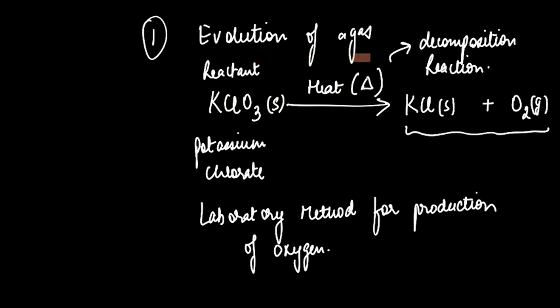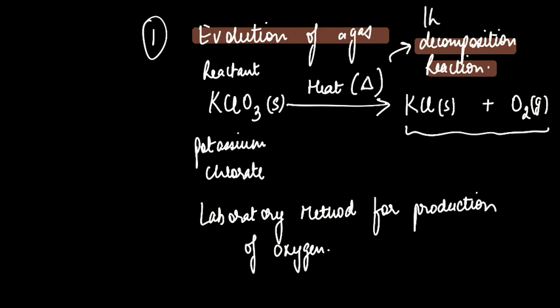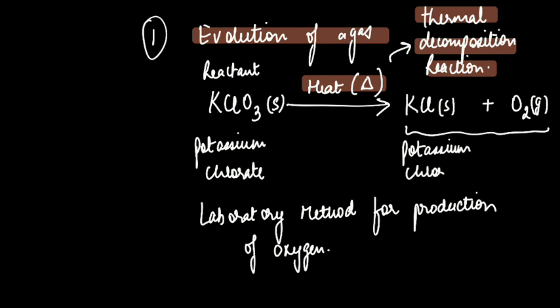So this reaction can be used as an example for evolution of a gas, for decomposition reaction, and to be more precise, this is a thermal decomposition reaction because we have written heat over here, so there is temperature involved. One more thing: potassium chloride and oxygen gas are getting formed.